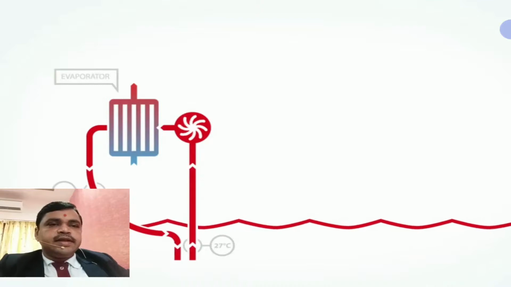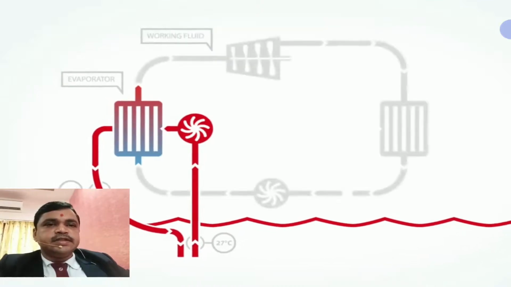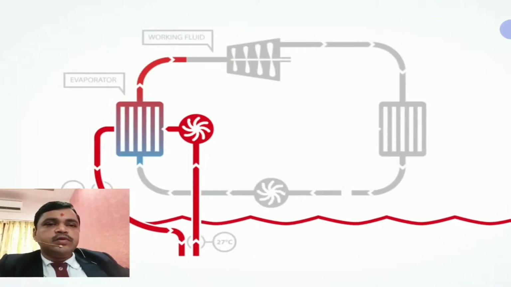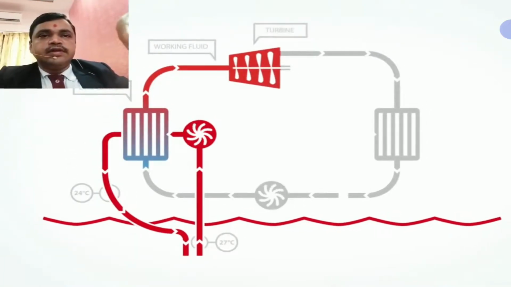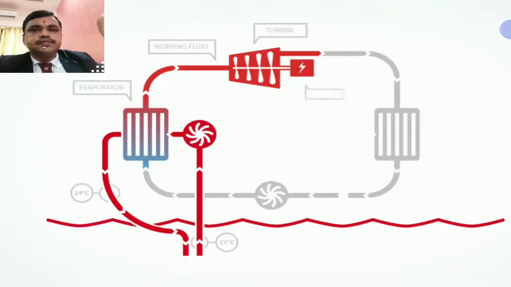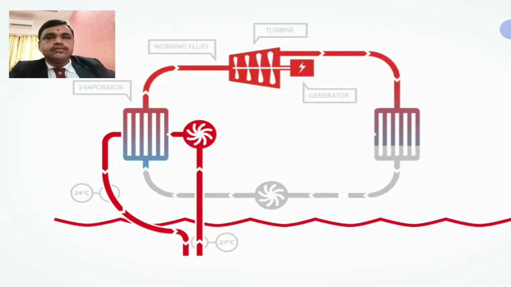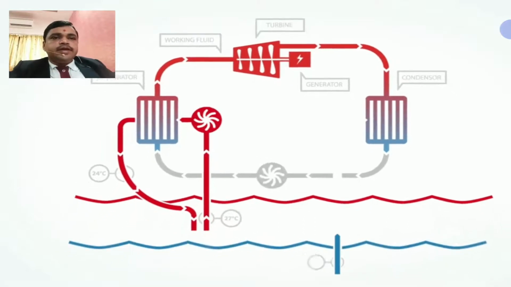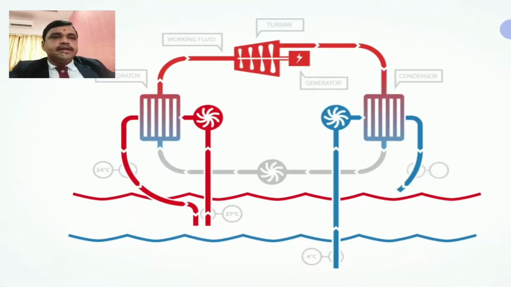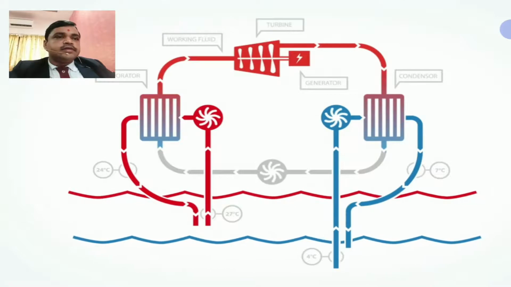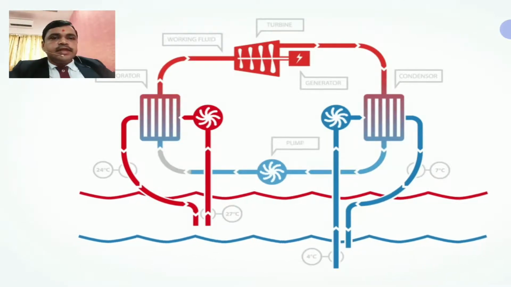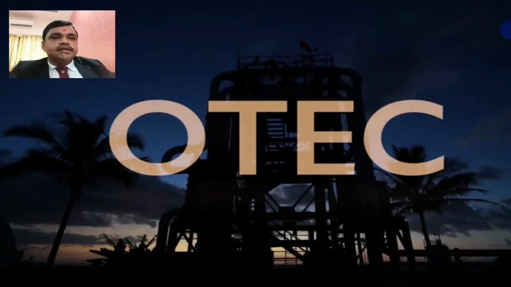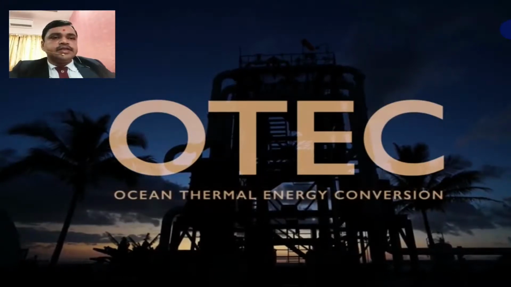Ocean thermal energy conversion. Open cycle ocean thermal energy conversion. These are the main parts: evaporator, turbine, condenser, generator, this type of arrangement in an open cycle energy conversion system.